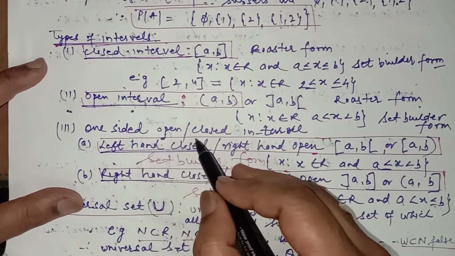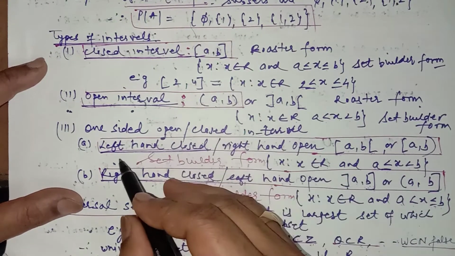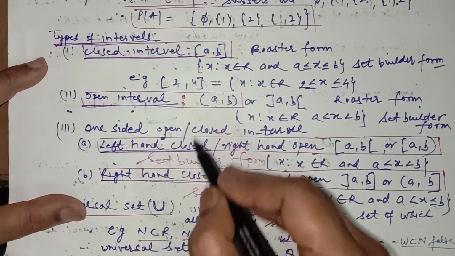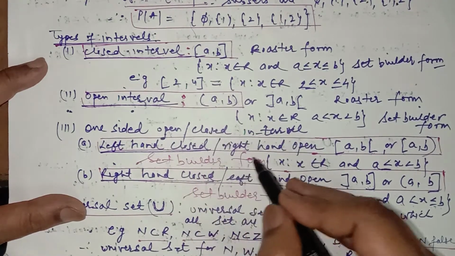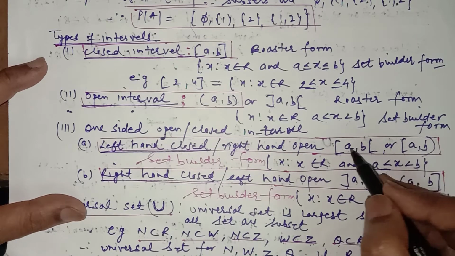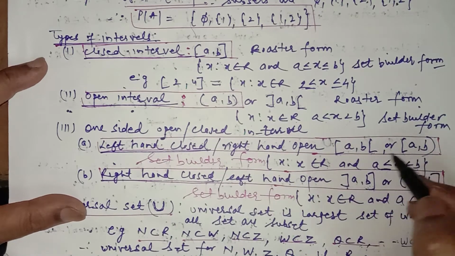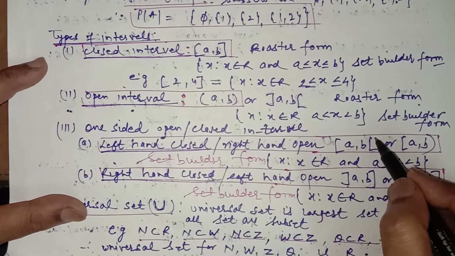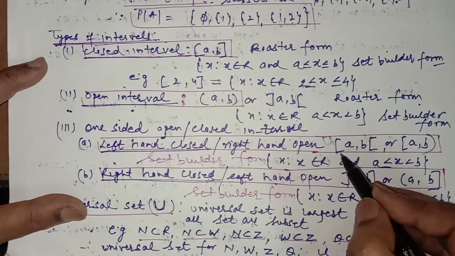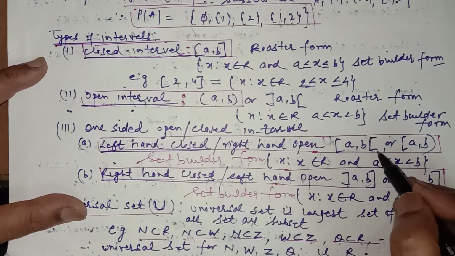Now one side open or closed interval. We can have left hand closed, which means a square bracket on the left, or right hand open. For the open side you write a simple bracket. So we can say it is left hand closed or right hand open.